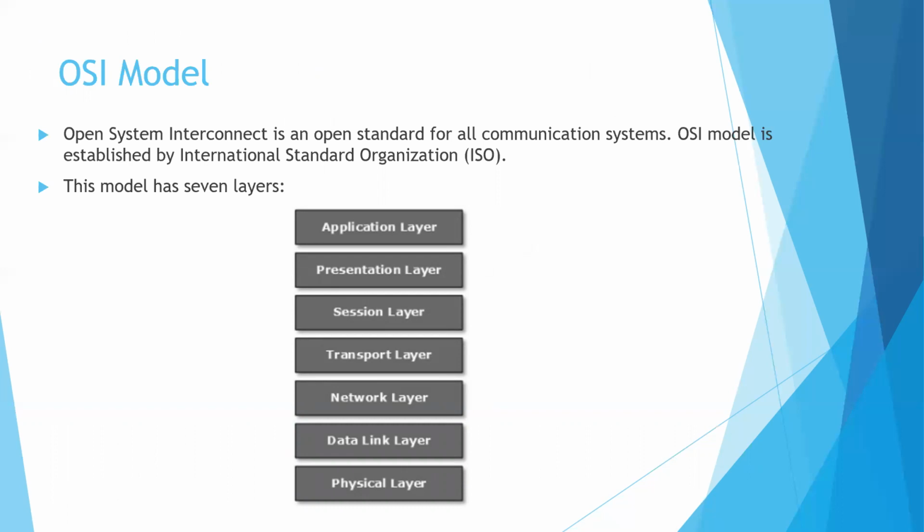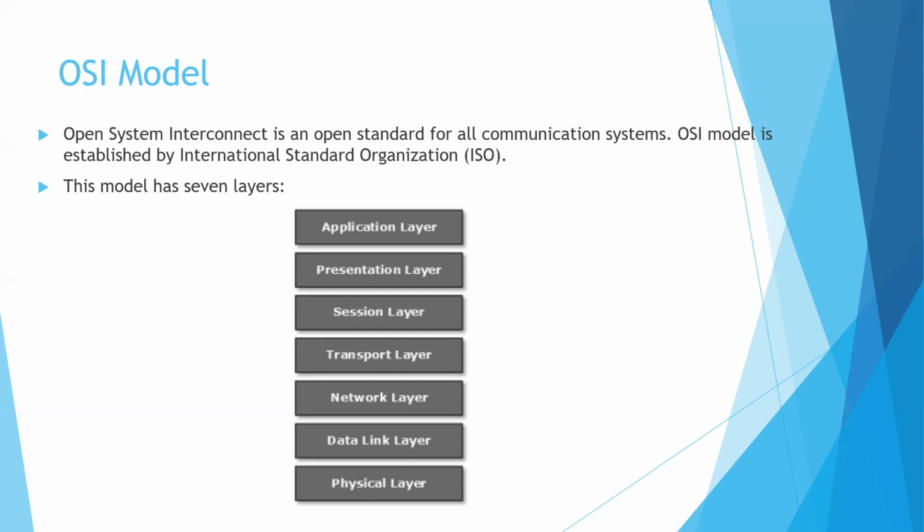The OSI model characterizes computing functions into a universal set of rules and requirements in order to support interoperability between different products and software. Open System Interconnect is an open standard for all communication systems. The OSI model was established by the International Organization for Standardization.